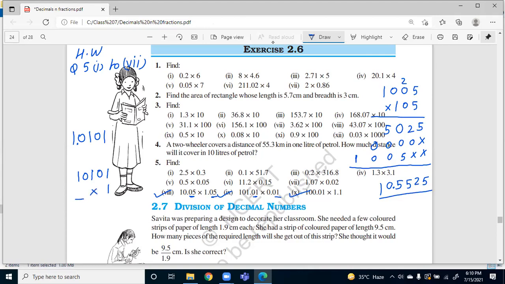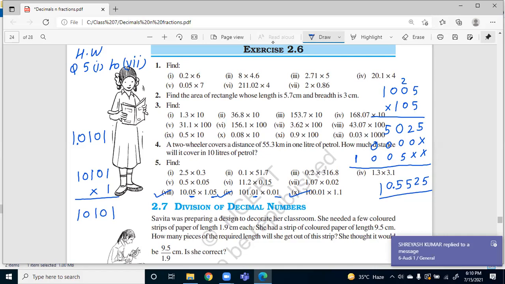Do you agree with this 1? Everyone, do tell me. Samraj, why have I written 1 here? Yes, ma'am, because there are zeros only. Yeah, 0 only. So 001 means 1. If I multiply 1 with any number, then I should get the number only. 1 into any number is the number itself.